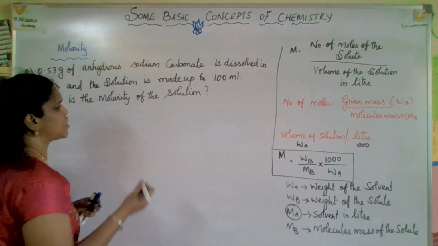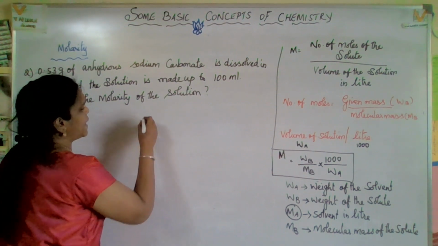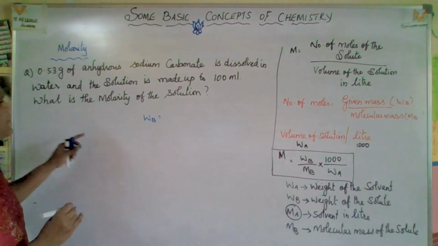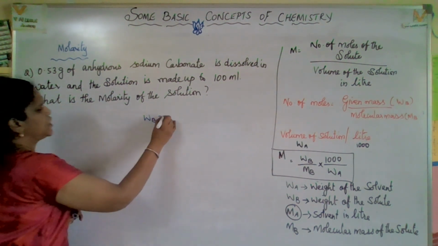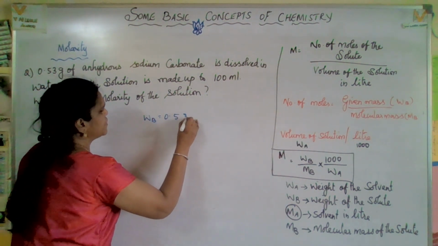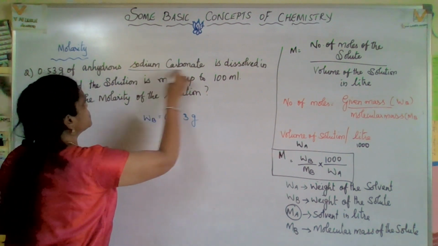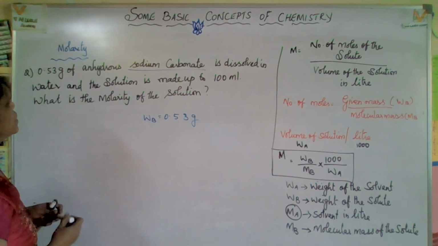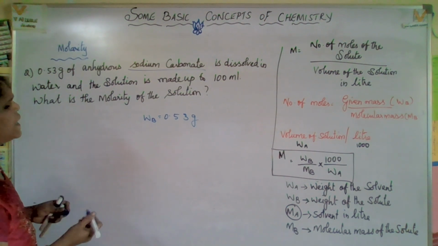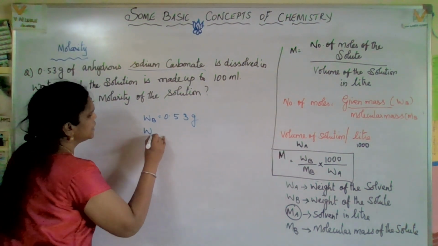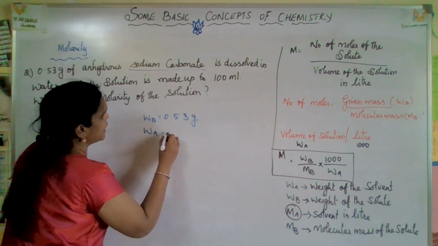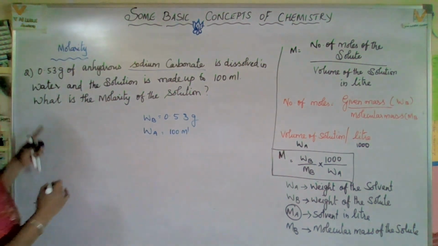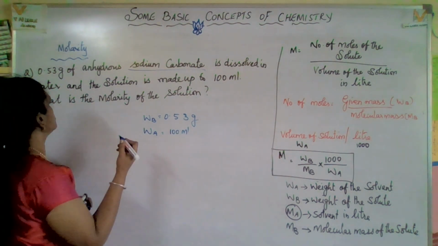Now let us solve this using WB and MB. In WB by MB, WB is 0.53 gram. What is the substance? Sodium carbonate. The next one is made up to 100 ml, that is WA. What is WA? 100 ml. And what is the molarity of the solution now?